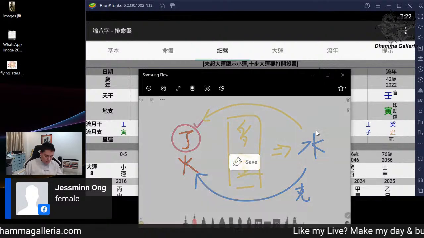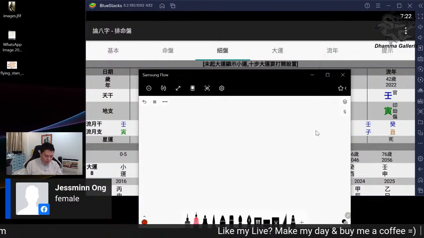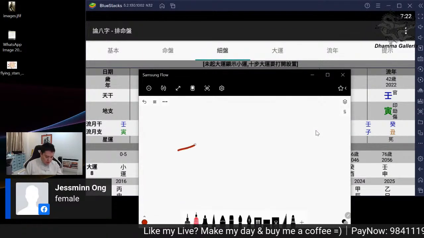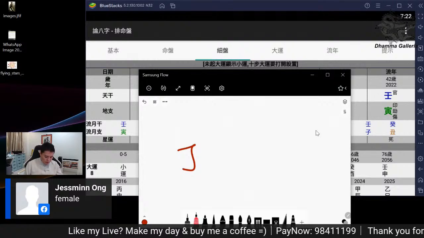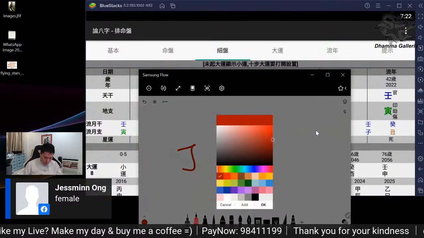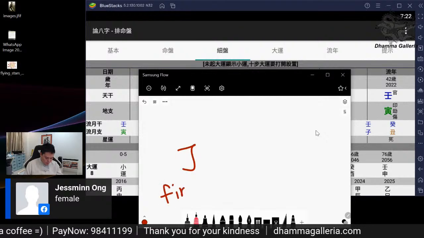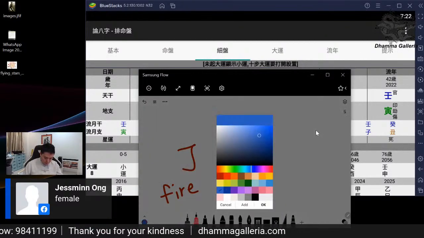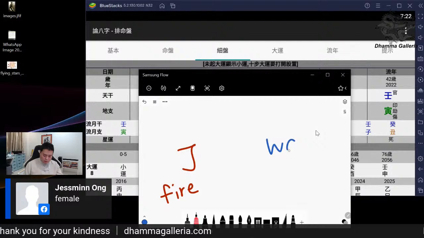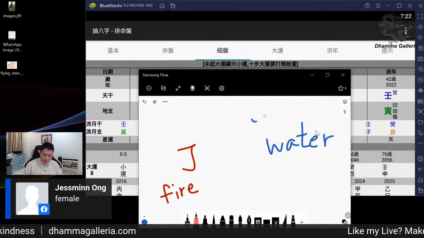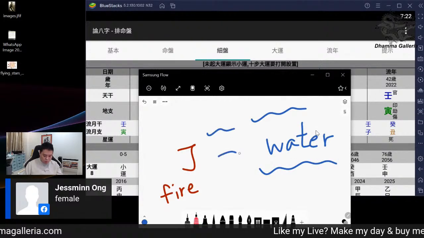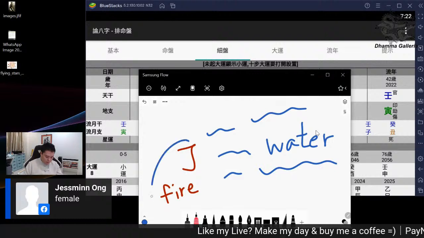Therefore, you ask about confidence. You are having this Ding fire, which is conquered by water. Okay, this is fire. And when a lot of water is present, what will happen to this Ding fire?